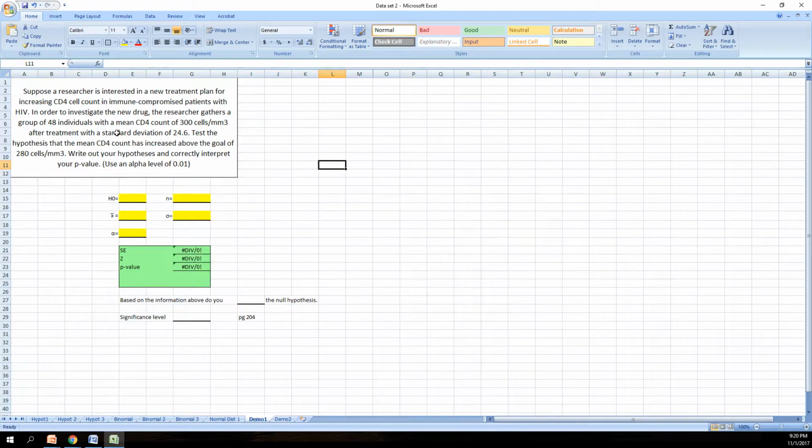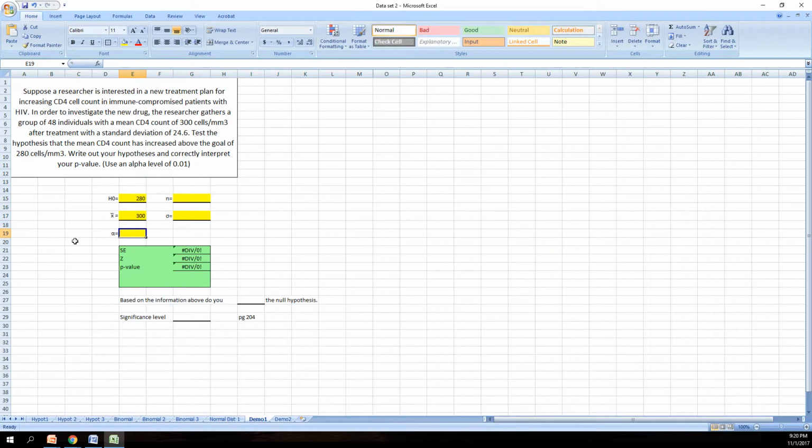So for this kind of problem, in the yellow cells here, I just want you to input the values that are needed. First, put your null hypothesis, your H0, which in this case is 280. Our x bar, the mean of the individuals, is going to be 300.